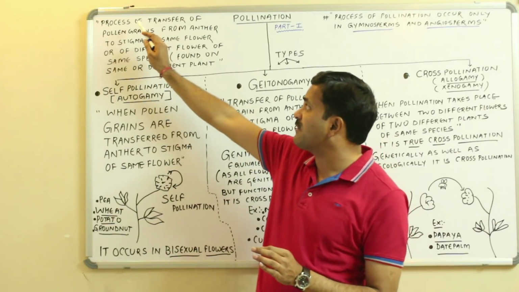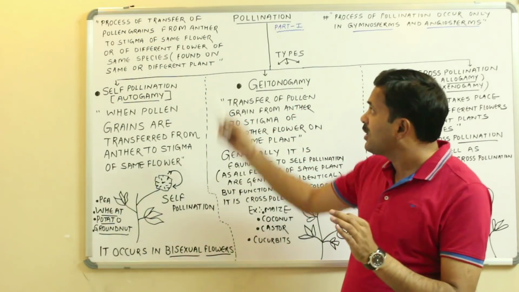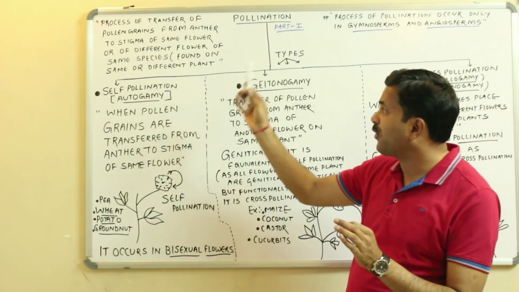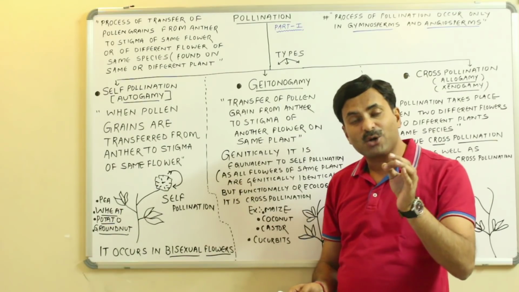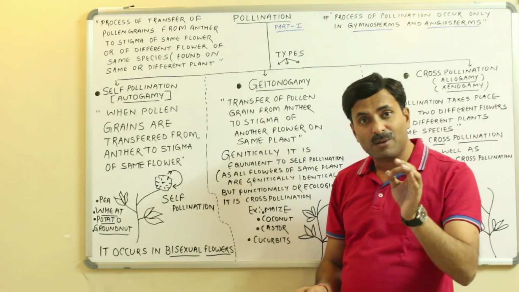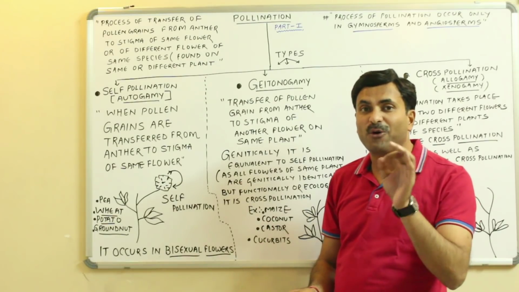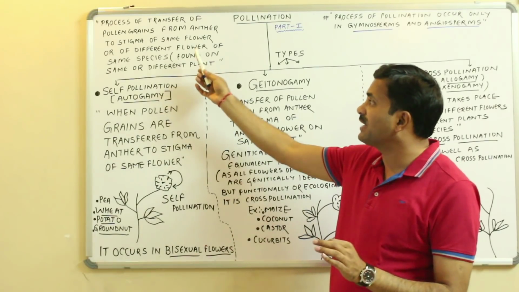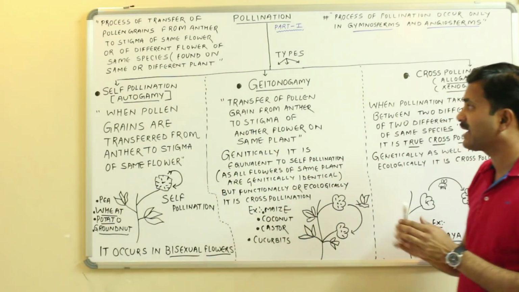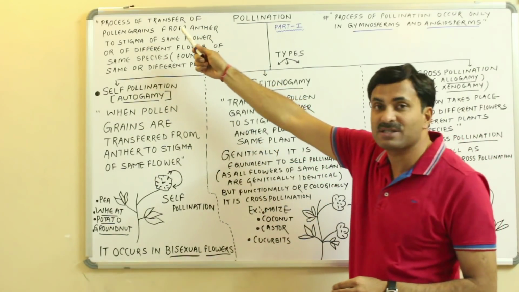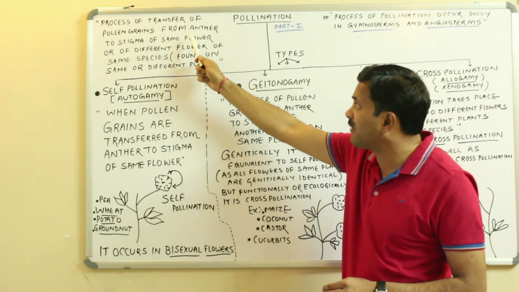So the very first definition is: the process of transfer of pollen grains from anther to stigma of the same flower or a different flower, but of the same species, found on the same plant or a different plant, is called pollination.